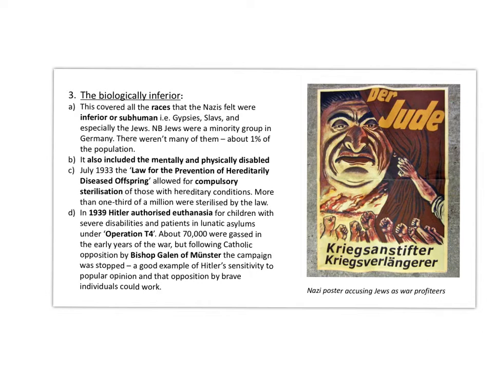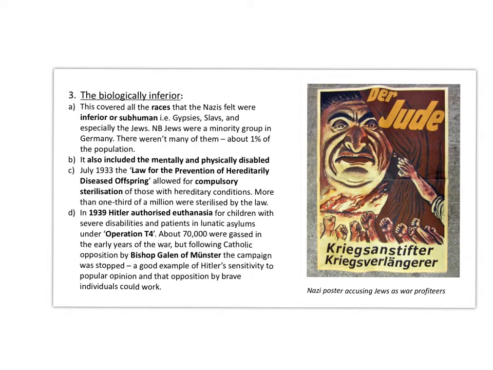Hitler defined nationality in a biological way, and this stemmed from his social Darwinism. It was a scientific form of racism. Hitler defined Jews as biologically inferior in a racial sense. A Jew was defined in Hitler's mind not by their religion, but specifically because they were seen to have inferior blood.